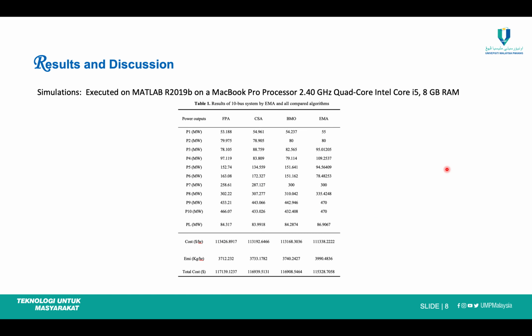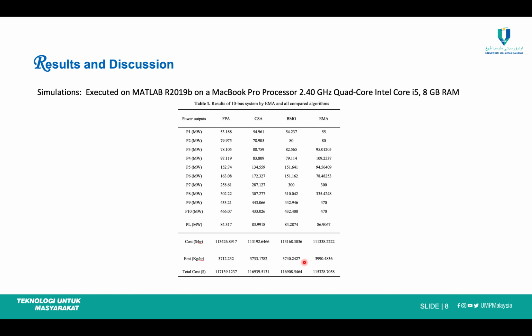So we move to the results and discussion. Basically, we use MATLAB 2019 on a MacBook Pro. Okay, and this is the result for the 10 generator system. First, we compare with the flower pollination algorithm, cuckoo search algorithm, as well as barnacles mating optimizer.